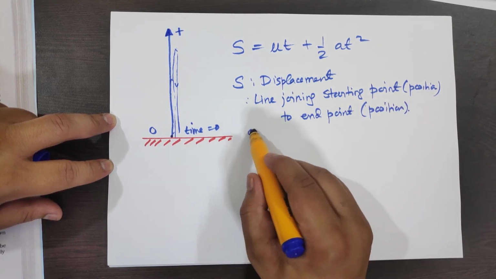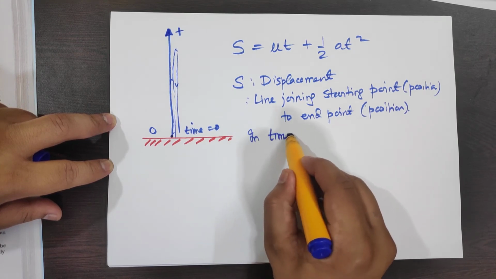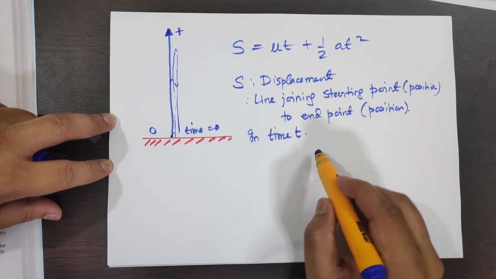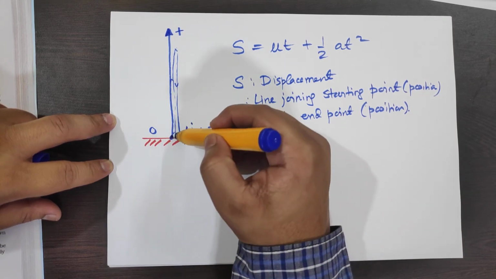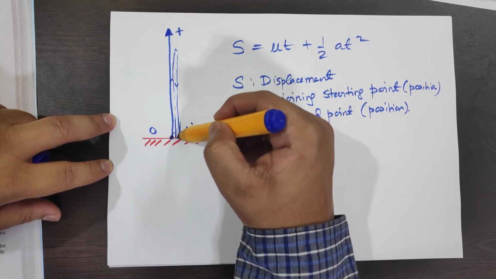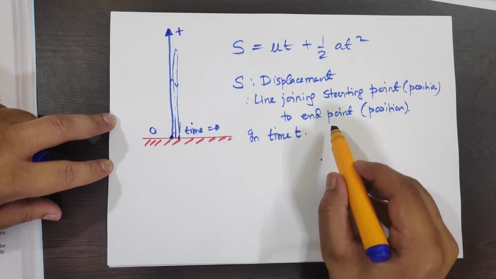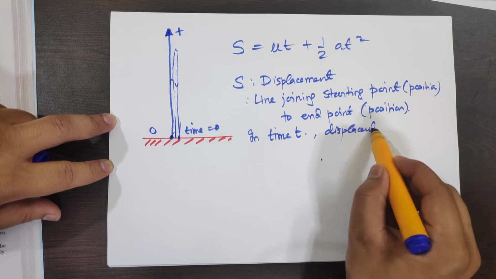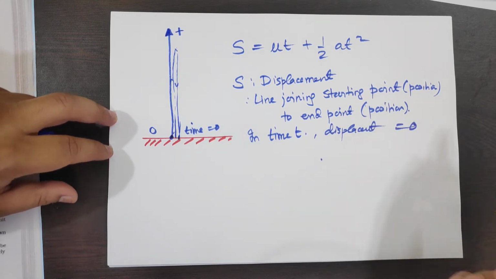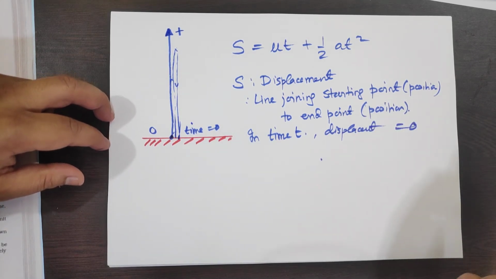So here in time t, particle comes back to the same path. It was thrown at time 0. So in time t, the particle comes back to the same path. So what is its displacement? It is equal to 0.